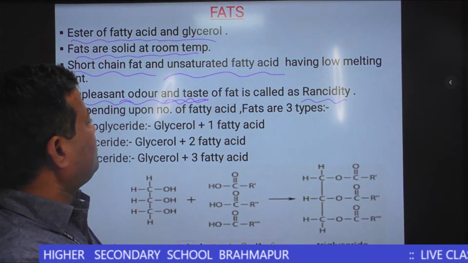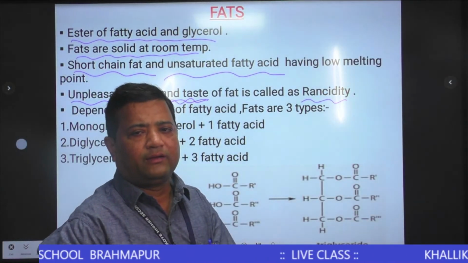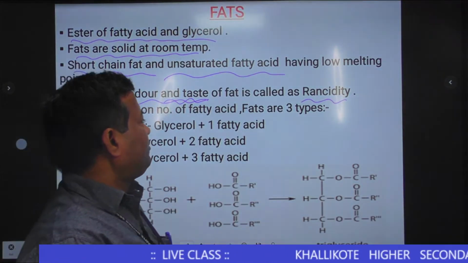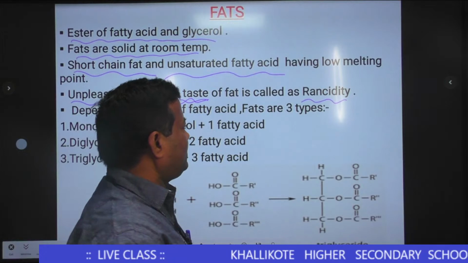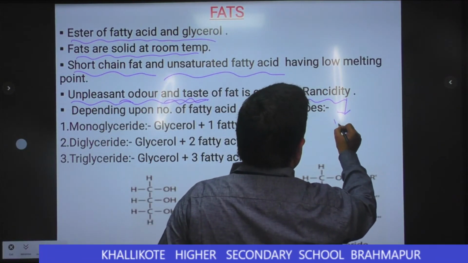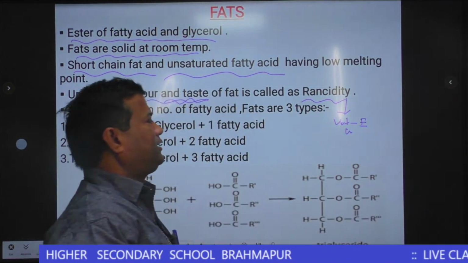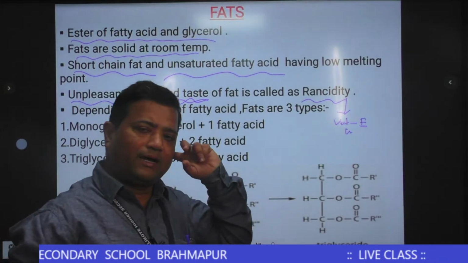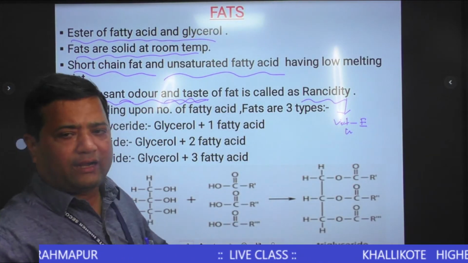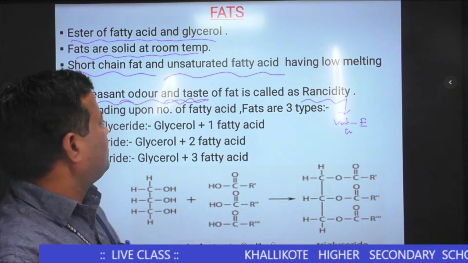This is only due to microbial degradation activity. Generally plant fat has low rancidity. Why? Because of the presence of vitamin E. Tocopherol is a compound, that is vitamin E. Presence of tocopherol in plant fat reduces its rancidity.